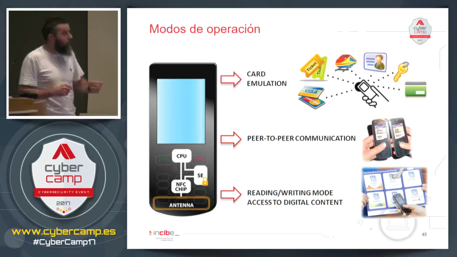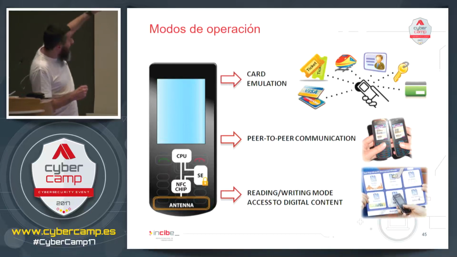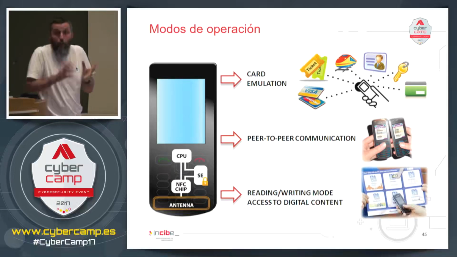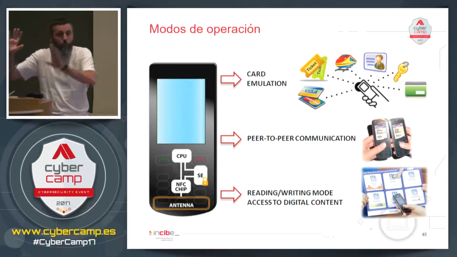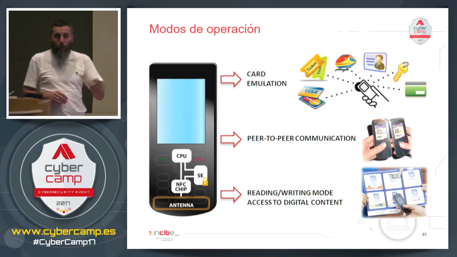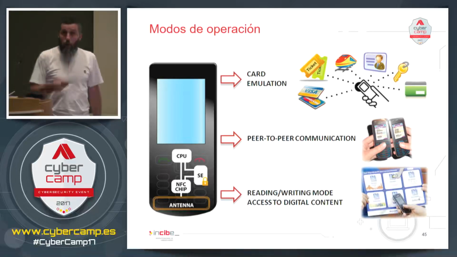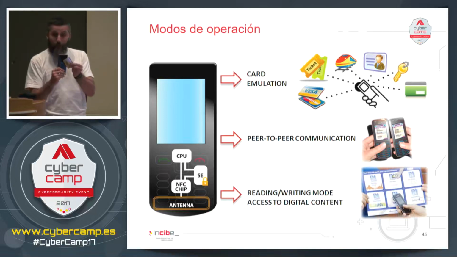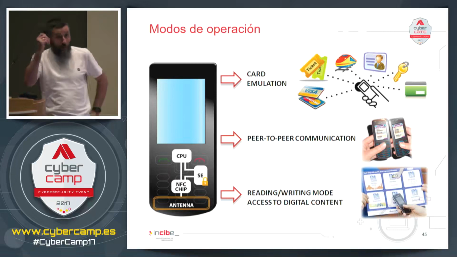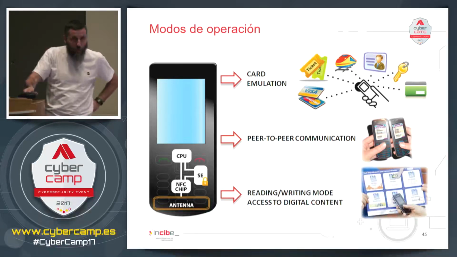So let's think. Instead of one mode, which is card emulation, where my mobile phone works as a card, my mobile phone can also be a reader. I can get my card close to the phone, and it can be a reader.